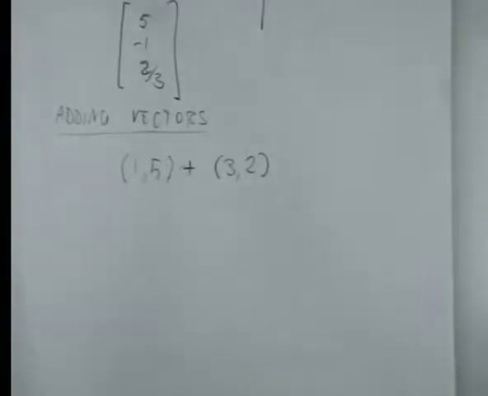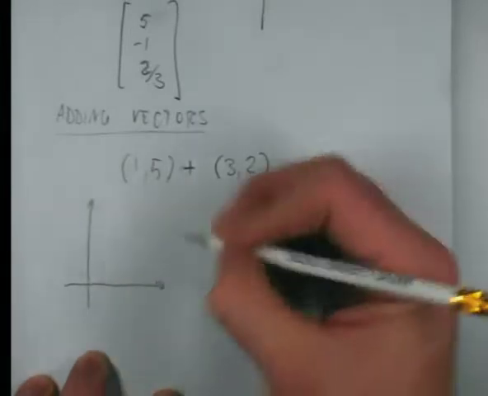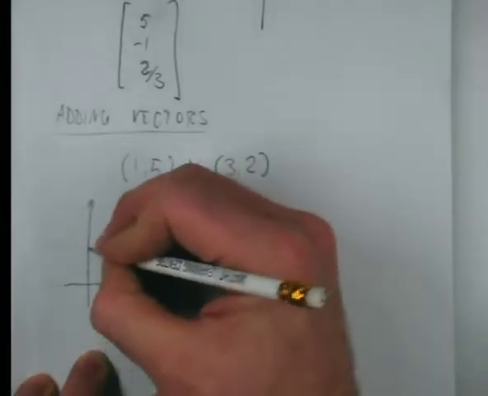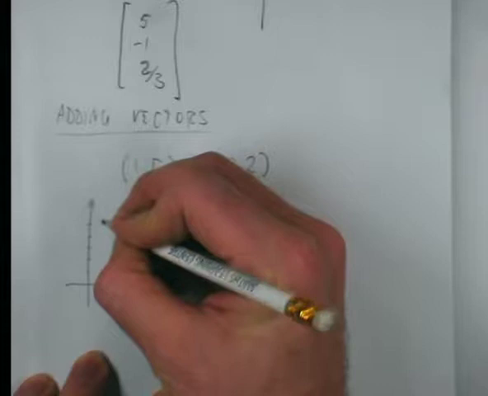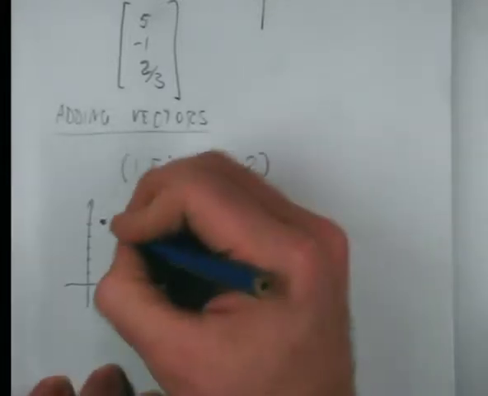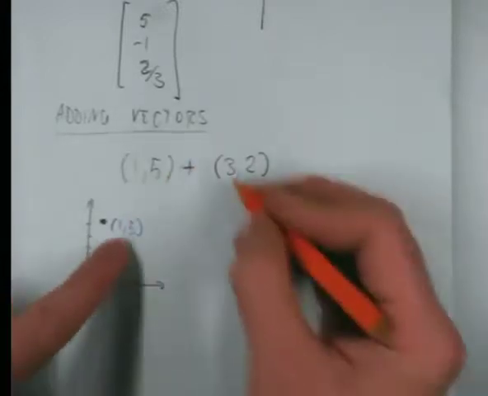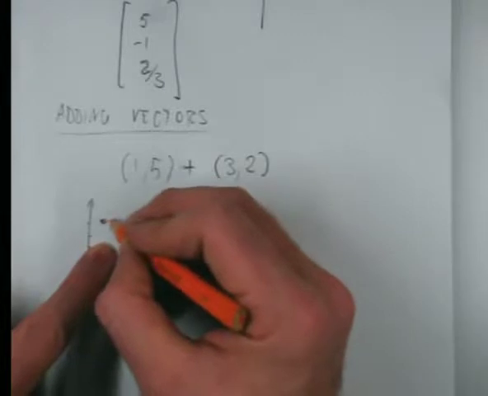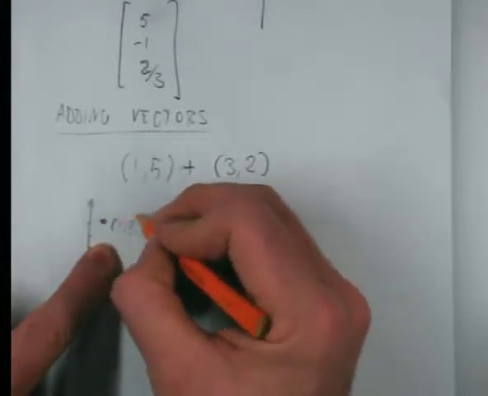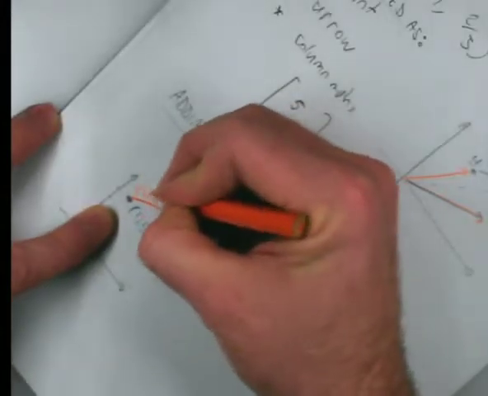I could represent that if I wanted to like this: here is the point 1, 5. And from that point I go an arrow 3, 2, so I can go 3 this way and 2 that way, and this is 3, 2.